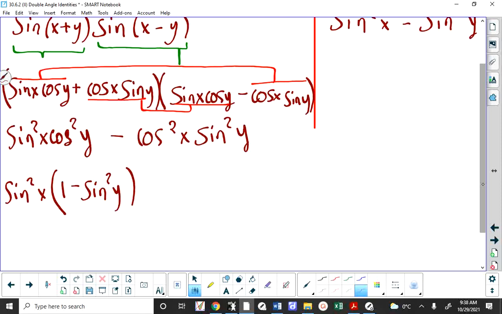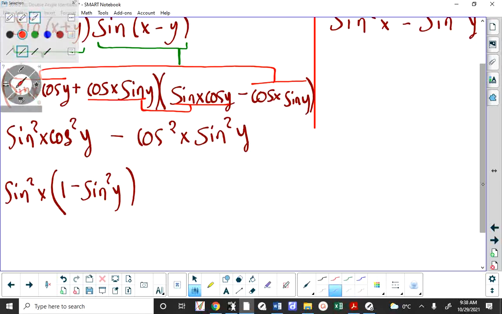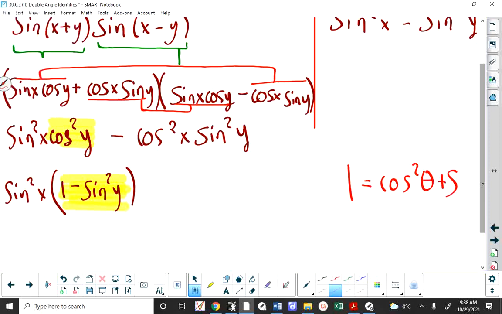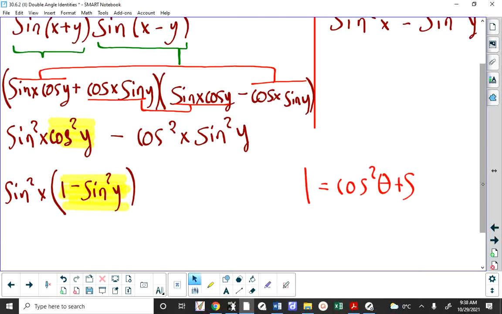Because, let me highlight this for you. These two things are equal because 1 equals cos squared theta plus sine squared theta.